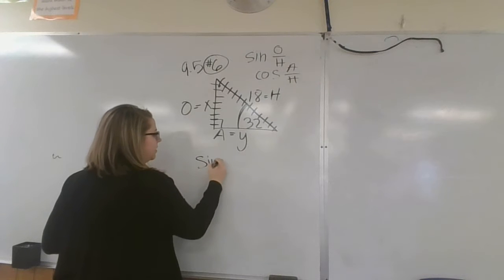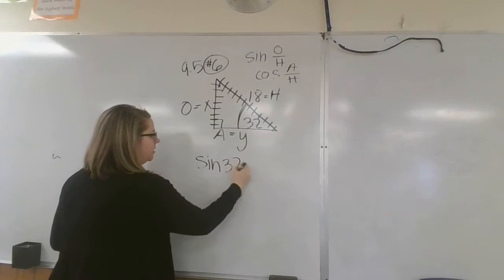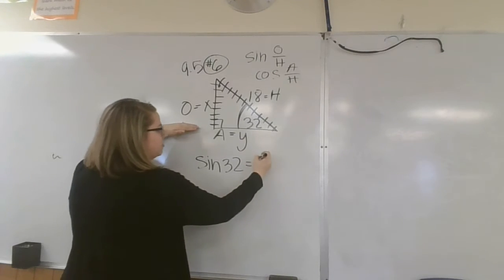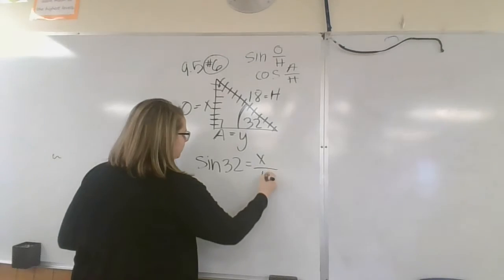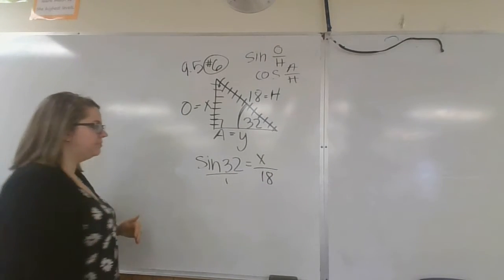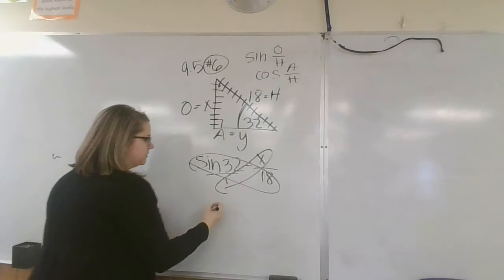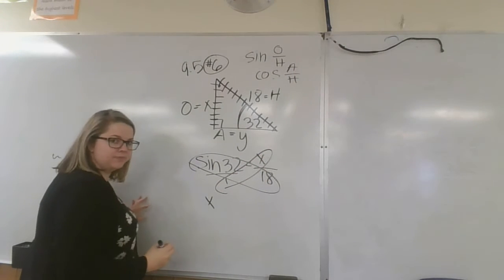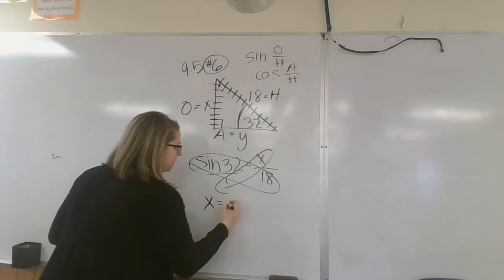So sine of my angle, which is 32, equals my opposite side, which is x, over my hypotenuse, which is 18. Put this over 1. I'm going to cross multiply now. I got x times 1, which is just x, equals 18 times sine of 32.